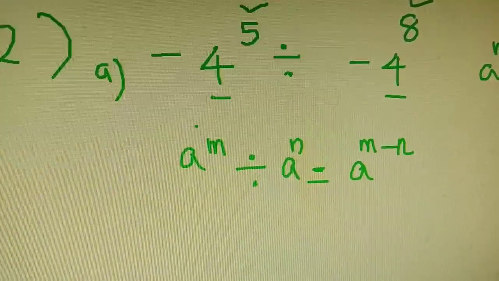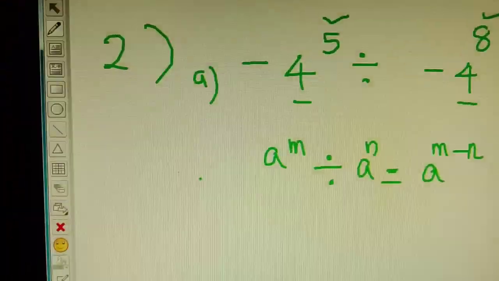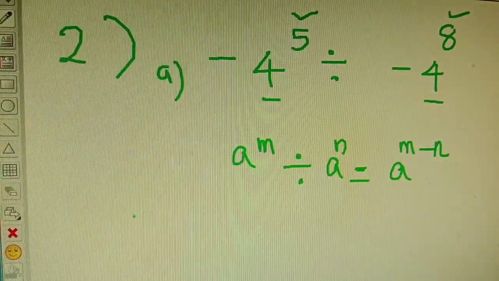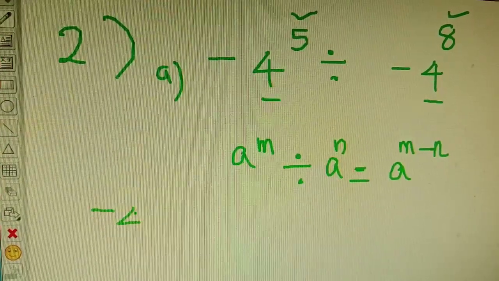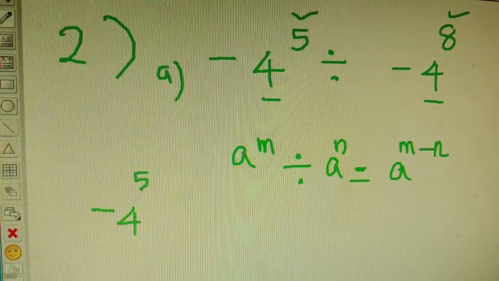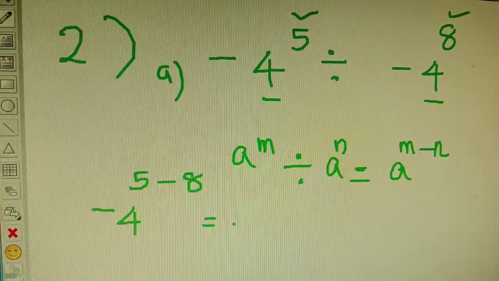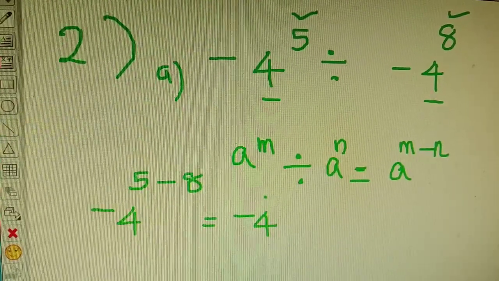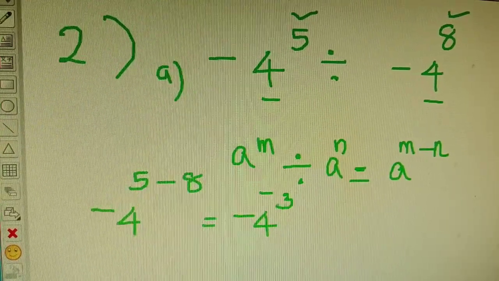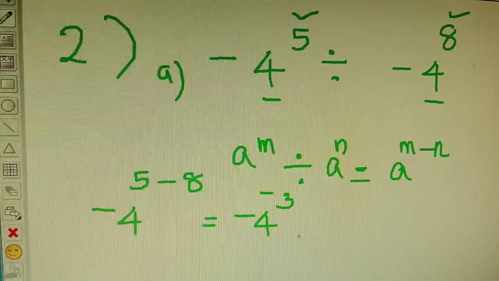So here negative 4 to the power of 5 divided by negative 4 to the power of 8, we can write as negative 4 to the power of 5 minus 8. 5 minus 8 is negative 3. So negative 4 to the power of negative 3.